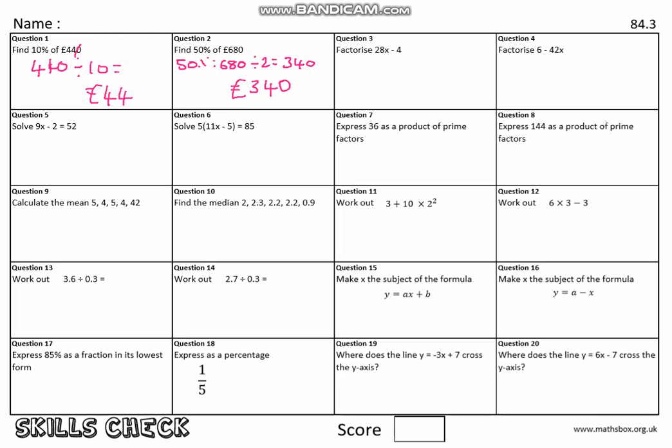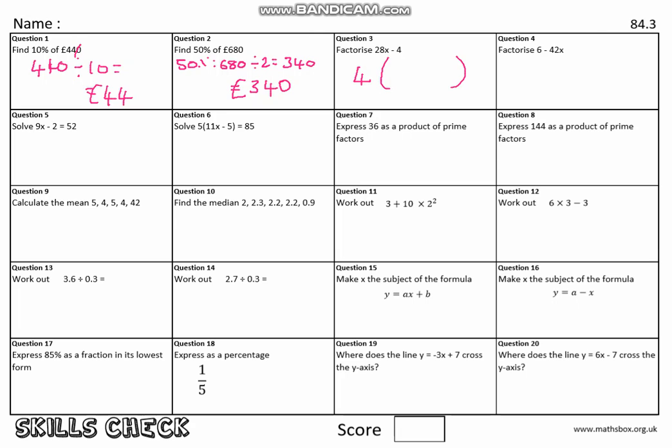So the next one is factorizing. So as you know with factorizing from all our other sheets, you've got to find something common between these two, okay? So you've got to find something that goes into both of them. So let's have a look. So actually 4 goes into both of them, doesn't it? Now this one's a little bit more confusing, but if we put 4 on the outside of the bracket, and then we'll work on from there, okay?